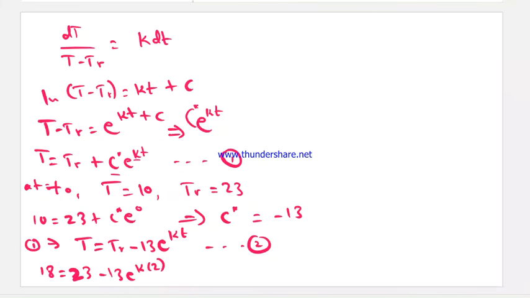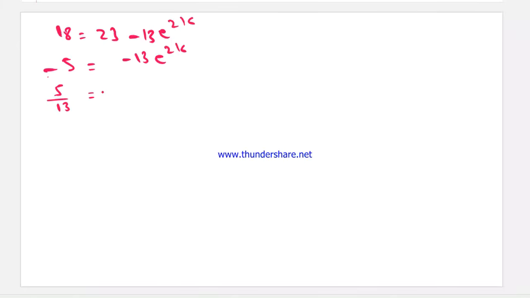When we solve that, 18 equals 23 minus 13 exponential 2k, and that will be minus 5 equals minus 13 exponential 2k, and 5 over 13 is equal to exponential 2k.